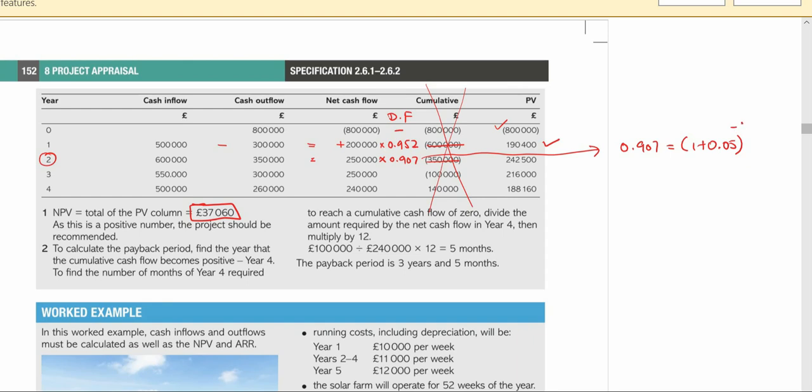So these are approximately equal. Then we apply the discounting factor and we get the present value of cash inflow and the present value of cash outflow.